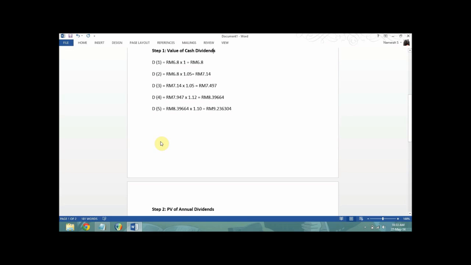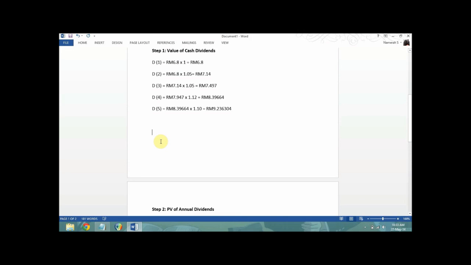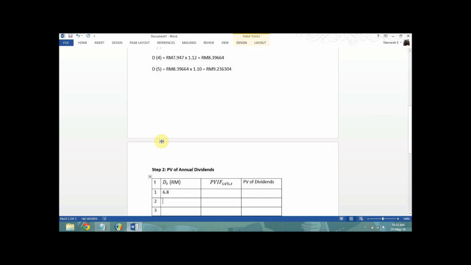Step 2 is calculating the PV, present value, of the annual dividends that we have just calculated. Our dividend for year 1 was 6.8. So we will write 6.8. The dividend for year 2 is 7.14.